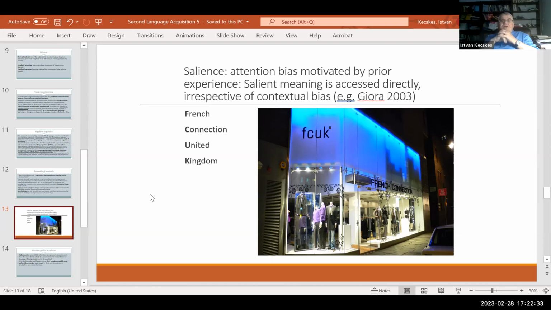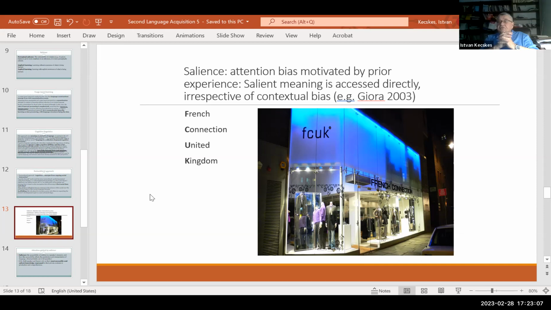So salient meaning is accessed directly, irrespective of contextual bias. Raquel Guiora, this great cognitive psychologist from Israel, is a great friend of mine, and I have to tell you that she has dementia right now, so she stopped producing articles. She has been a wonderful scholar, but not anymore.